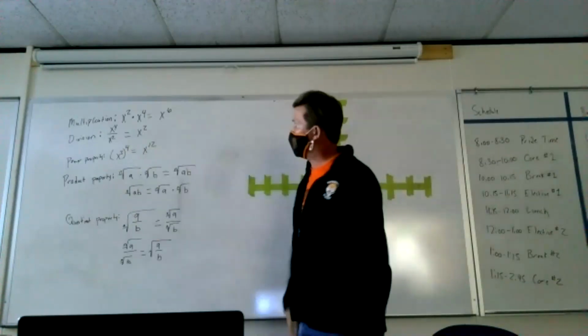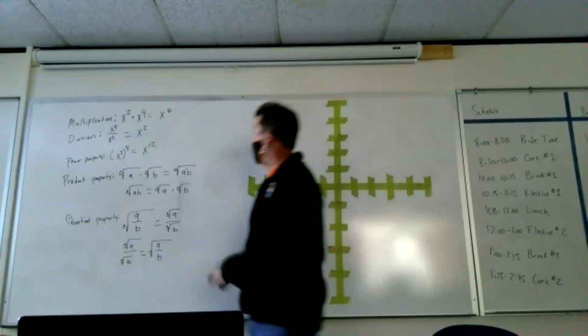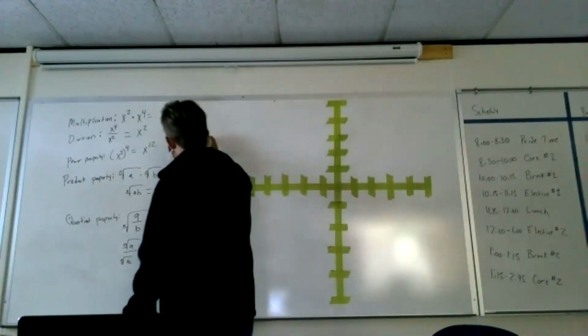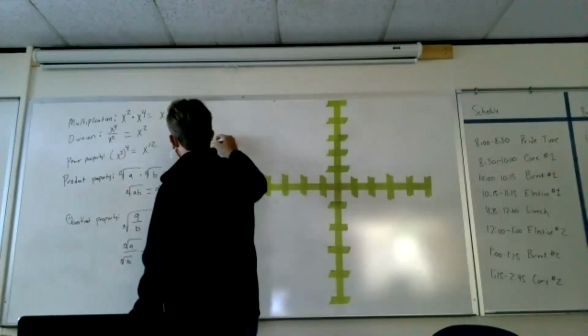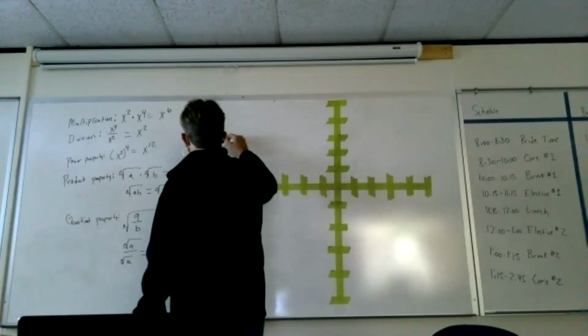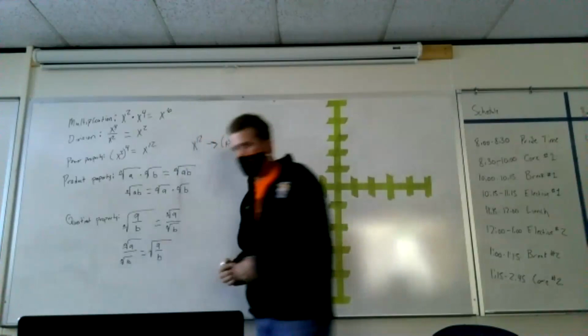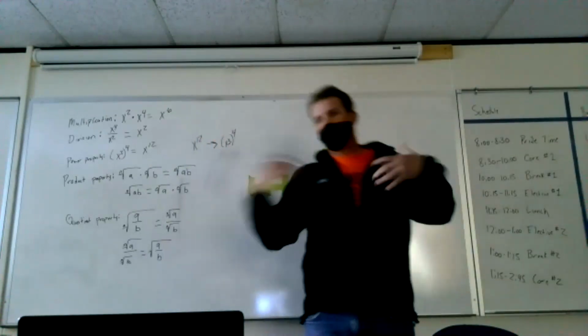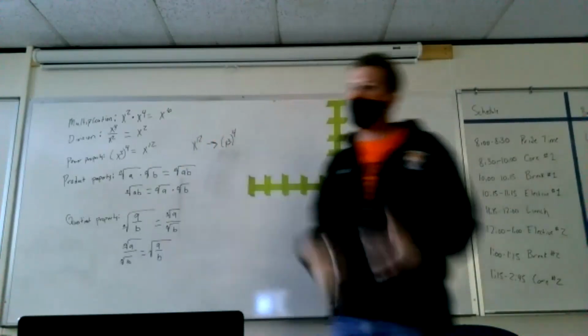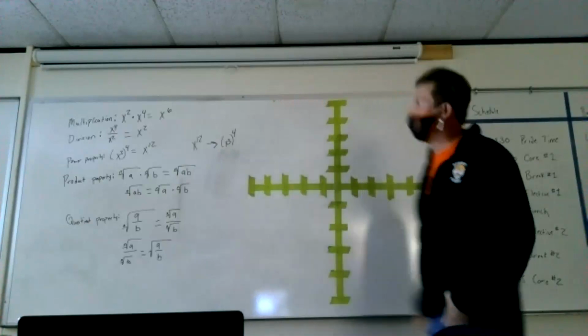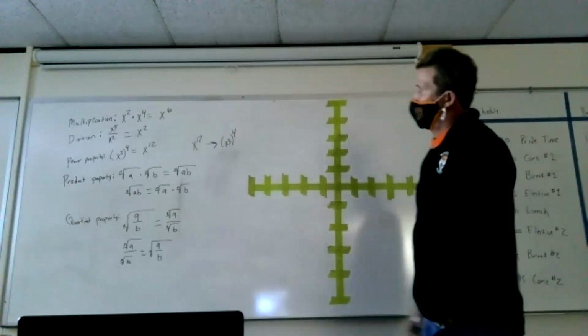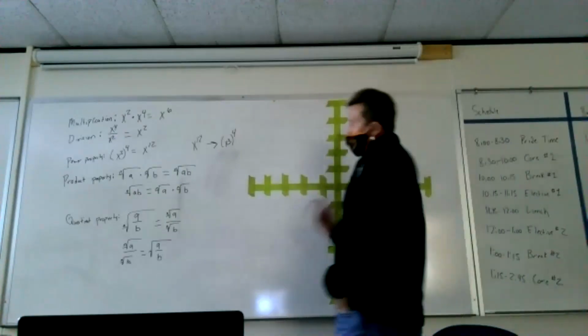Once again, because of the substitution property of equality, when we're given x to the 12th, we could substitute x to the third to the fourth power. And you'll see it because we're trying to get it into the simplest form and we want to make it easy on ourselves. Right? But we have to trust and know these properties to make it work.